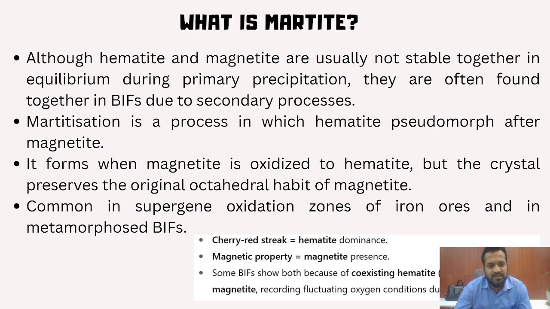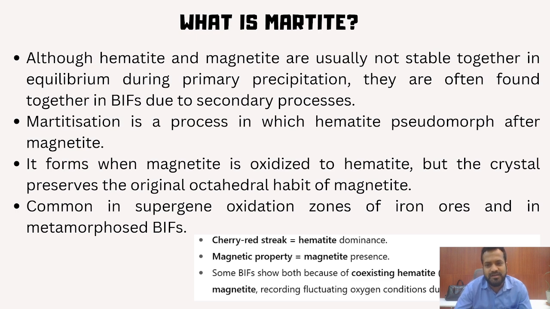That means it is already converted into hematite, but it still contains a certain magnetic property, due to the presence of magnetite in the core portion. If martitization happens totally, then those kinds of hybrid things form. So overall it forms when magnetite is oxidized to hematite.